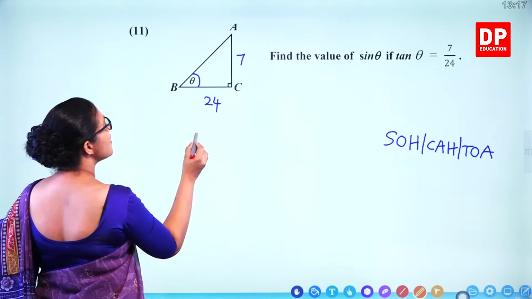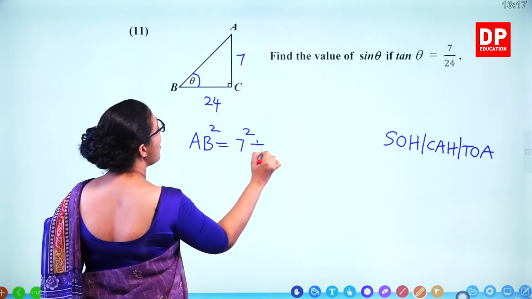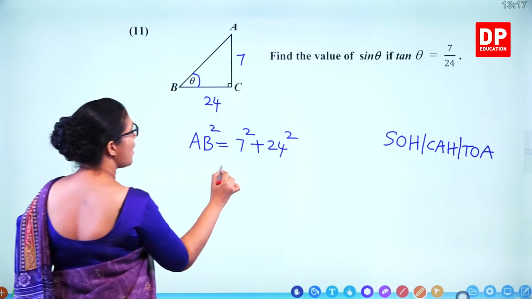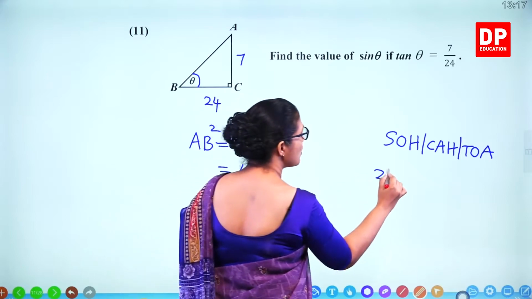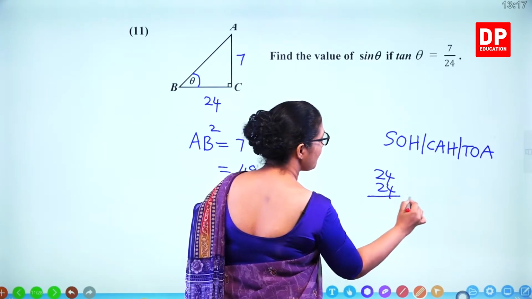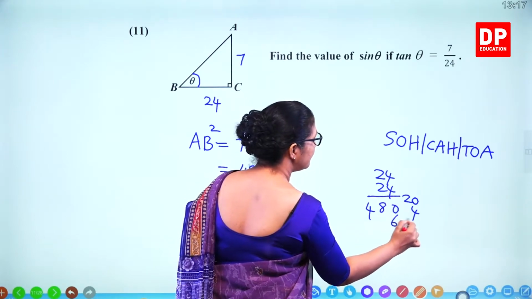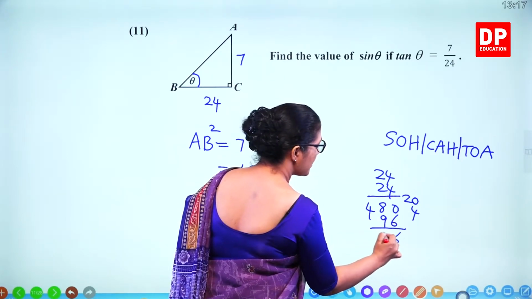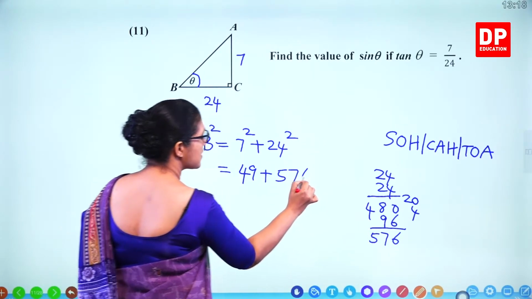Use Pythagoras theorem. AB squared is equal to 7 squared plus 24 squared. So 49 plus, what's 24 times 24? So you can multiply and get the answer. So you get 576.